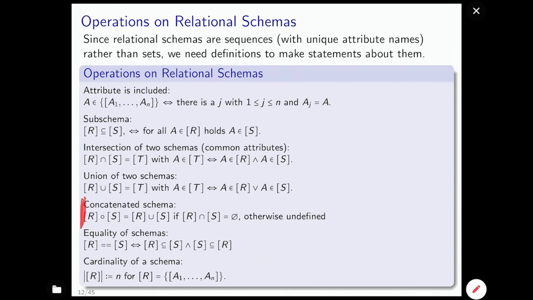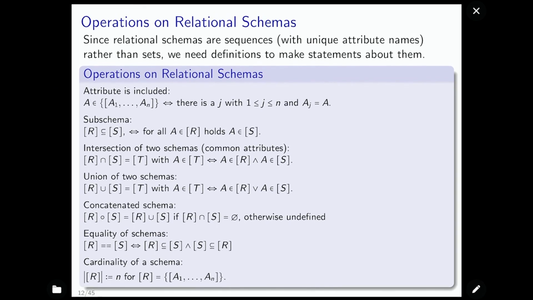That is allowed if there is no common attribute among those two input schemas. If there is an intersection, then this concatenation is not defined. But if these two schemas are disjoint, then you concatenate the schemas into a new schema, which is basically the union of the attributes contained in both input schemas. And that's what we're doing here.